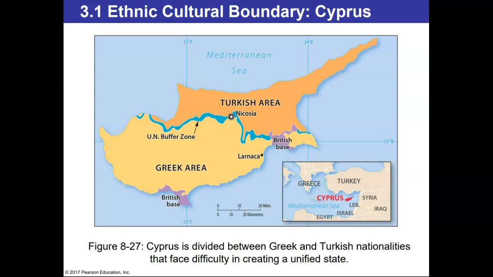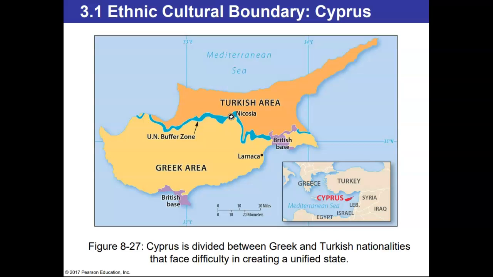In response to this coup, Turkey sent in their military forces in the attempt to try to protect the Turkish minority. These Greek coup leaders were removed from office, and elected officials did end up gaining control of the government, but the Turkish army still remained in Cyprus, and this contributed to ongoing hostility.